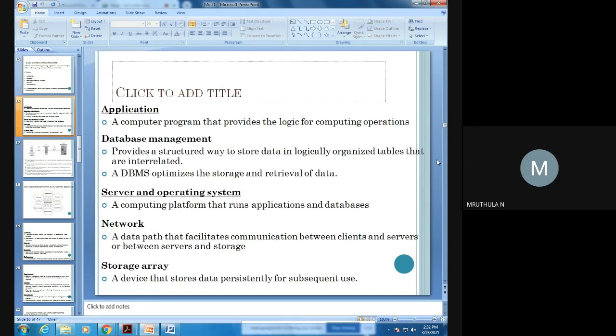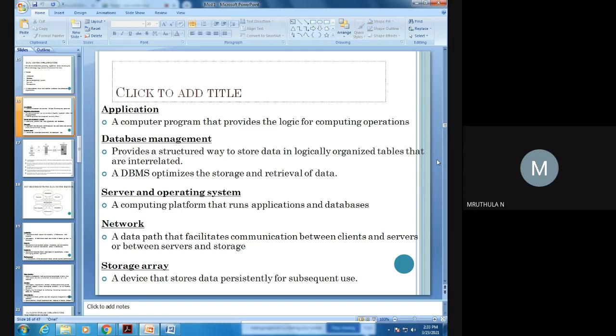We know that it provides a structured way to store data in logically organized tuples that are interrelated. Next one is server and operating system, a computing platform that runs applications and databases. Fourth one, network, that is a data path that facilitates communication between clients and servers, or between servers and storage. The last one is storage array, a device that stores data persistently for subsequent use.